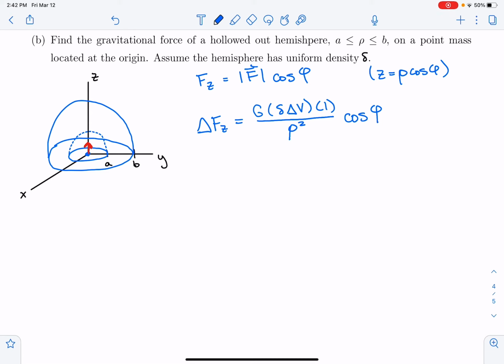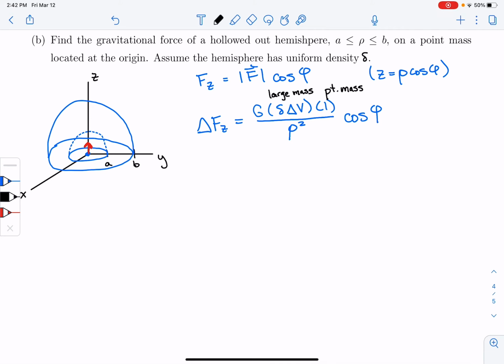Just to remind ourselves, this is going to be the large mass, and that's going to be the point mass, which we're going to say has mass 1.